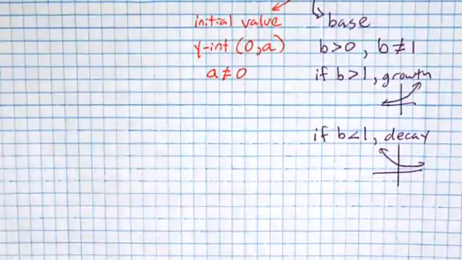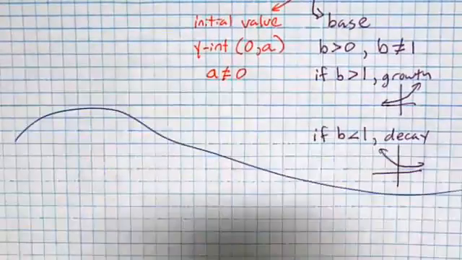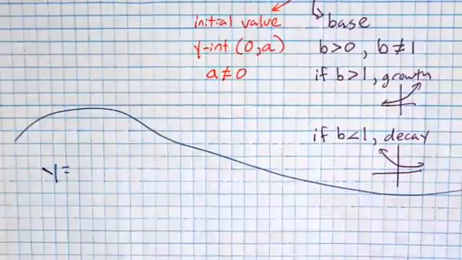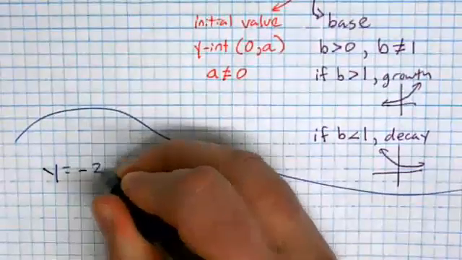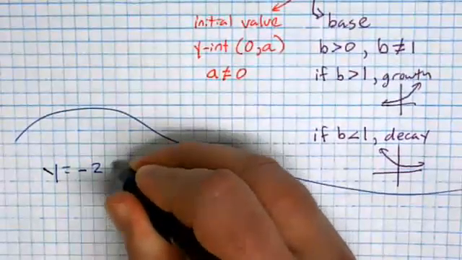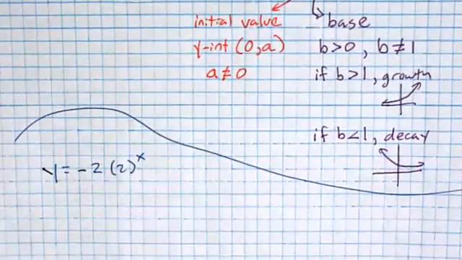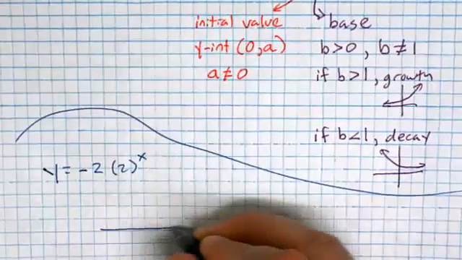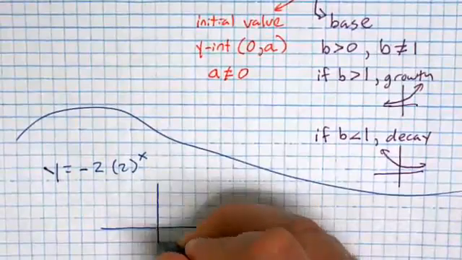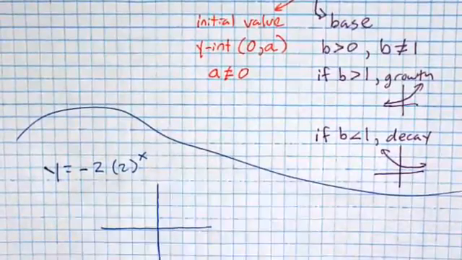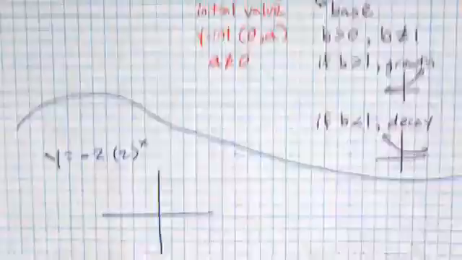Let's look at an example of this. So if I had something like y equals -2 times 2 to the x, first off, I know exactly where my y-intercept is going to be based off of this.